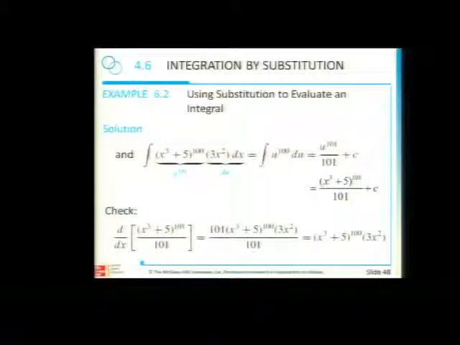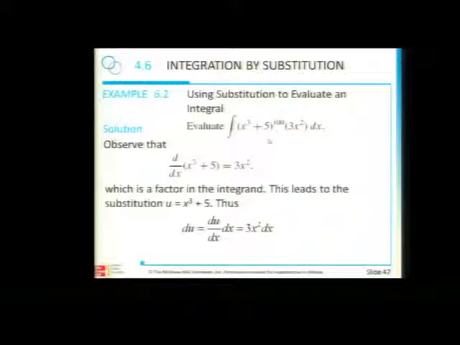If you follow through using the chain rule, then you can see that it's actually the original integrand here. So that means the answer is correct. Okay? So the original function, like that, x cubed plus 5 to the power 100. Now, without this method of substitution, how would you integrate this?